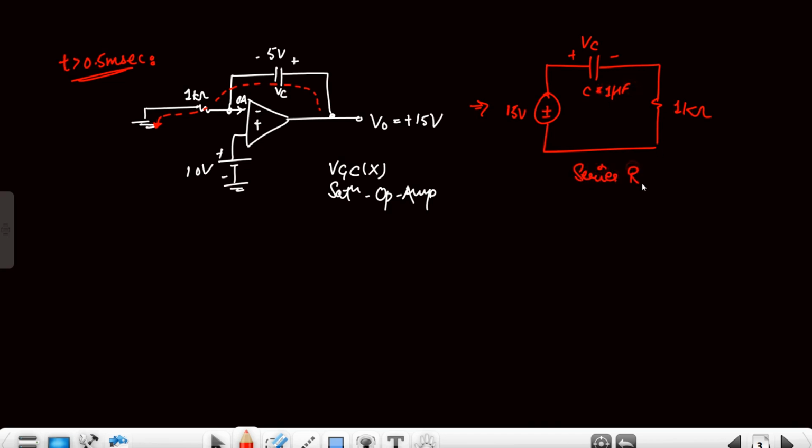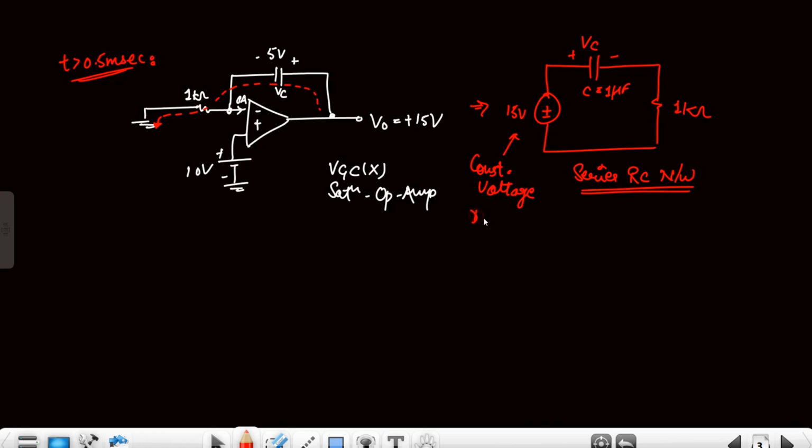This is the basic series RC network in the charging mode because of this 15 volt. So this 15 volt is a constant voltage, right? Because the op-amp has entered in the saturation region, so the output voltage has saturated up to this constant value 15 volts.